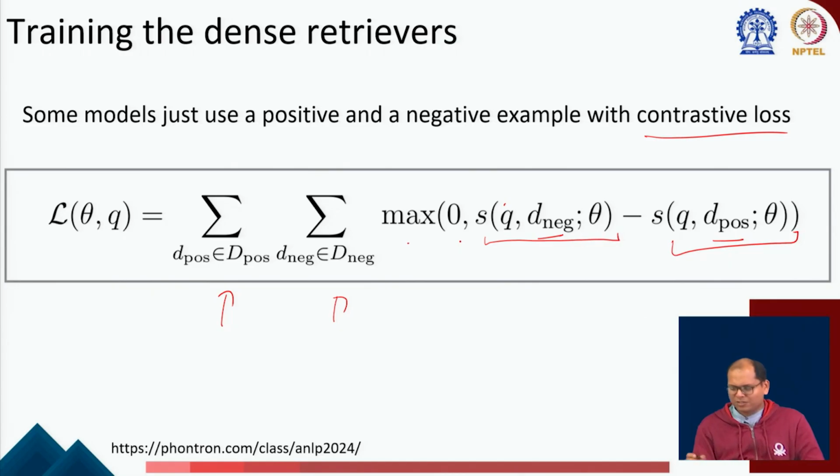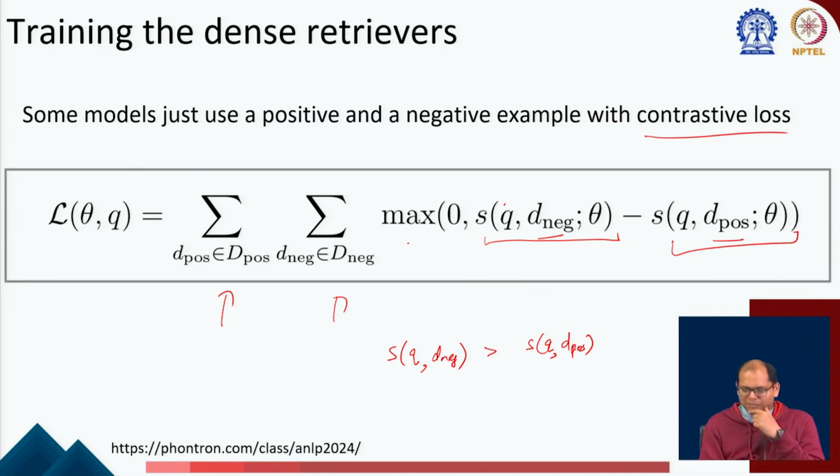So what is the rationale? If S(q,d) negative is higher than S(q,d) positive, that means your model is not doing well. It is giving a higher score to the negative than to the positive. In that case, suppose the difference is x; the max of 0 and x is x, which is positive.